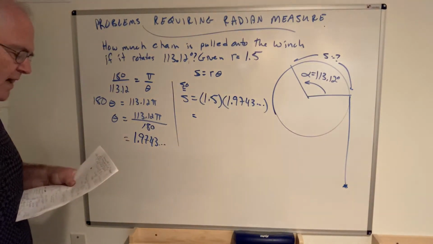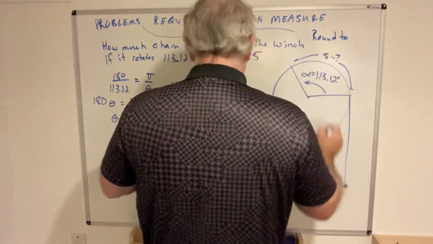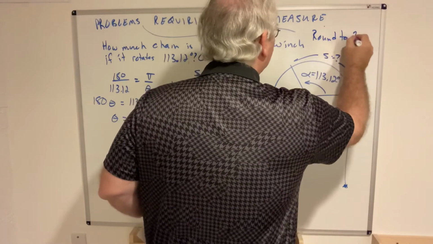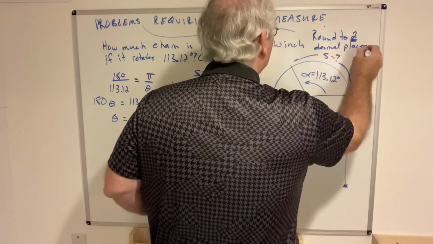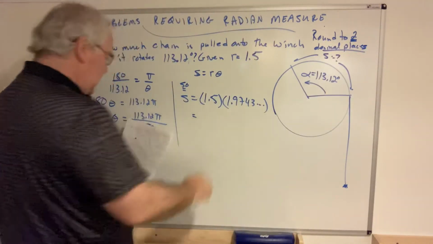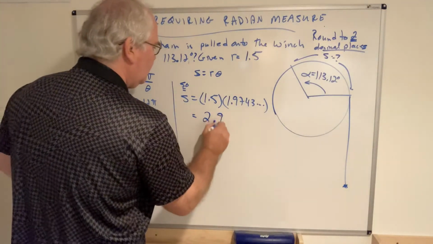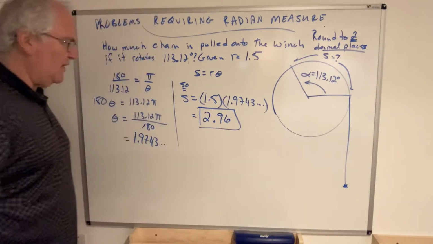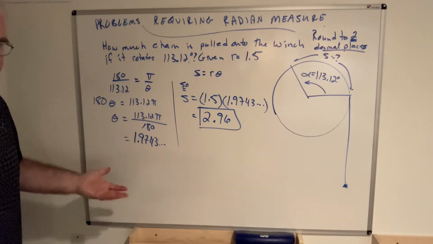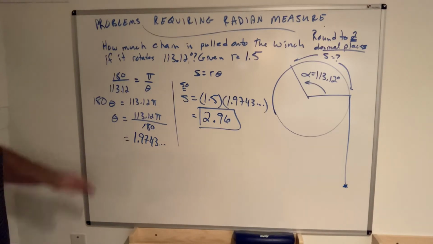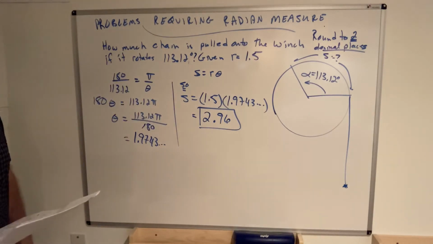And we want to round to 2 decimal places, and I think this works out to be, if I work this correctly, 2.96. So you can check my arithmetic, but I think that's accurate. It's straightforward. It's very similar to the problem with the latitude. Convert from degrees to radians, plug into the S equals R theta formula, and you're out.